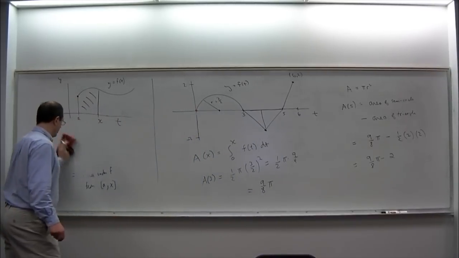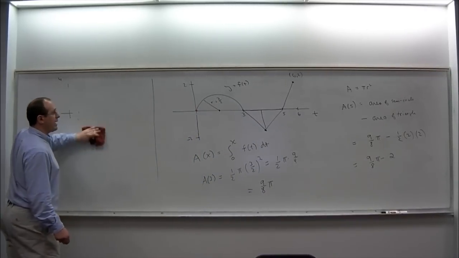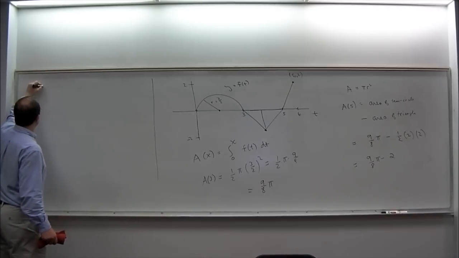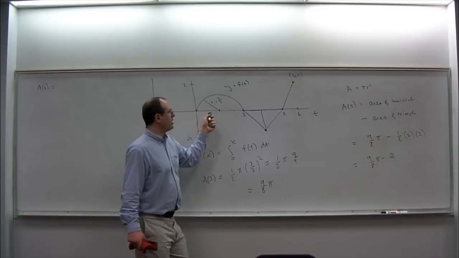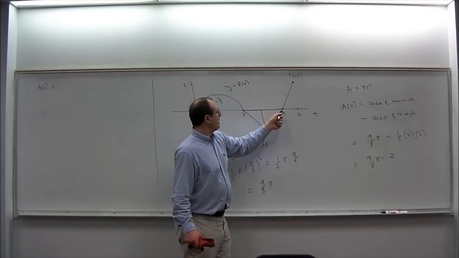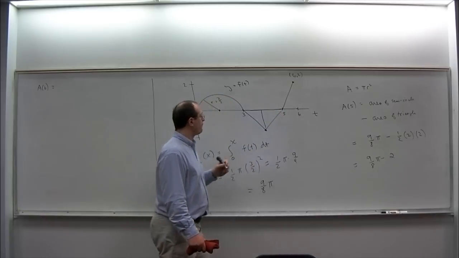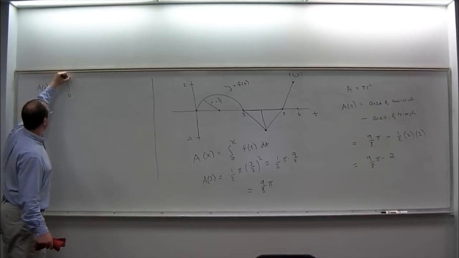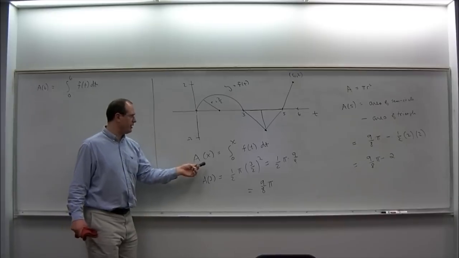And we'll look at a couple more. What is A of 6? To find A of 6, we will take advantage of the fact that we know A of 5. In fact, let me make that explicit. A of 6 is the integral from 0 to 6 of f of t dt by definition of the function.